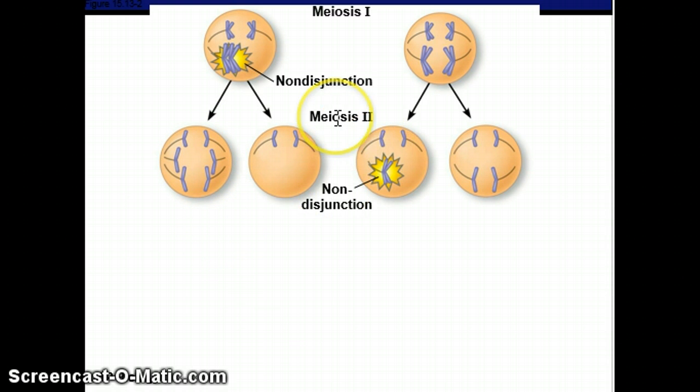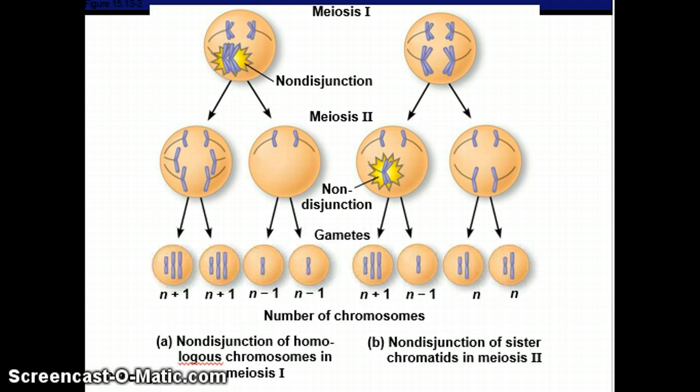But even in meiosis 2, during anaphase, we can have another non-disjunction occur. We can actually have the sister chromatids not separate. So all of these non-disjunctions, whether it's meiosis 1 or meiosis 2, result in a cell with the wrong number of chromosomes.